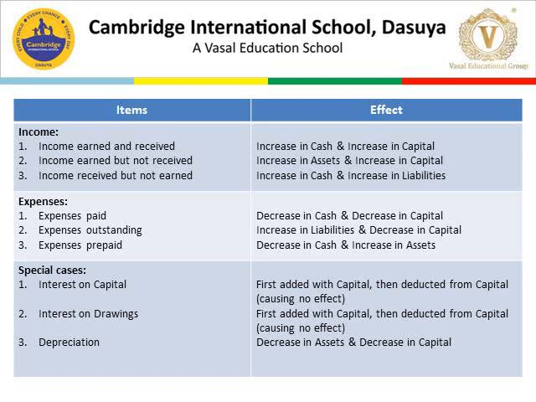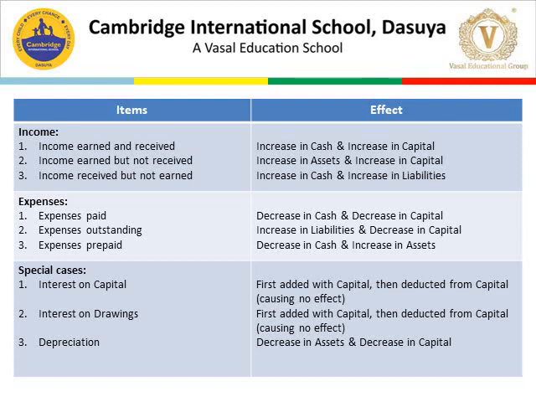Further, there are three special cases. Number one, interest on capital. Interest on capital will be first added to the capital, then deducted from the capital. So it will cause no effect on the accounting equation of the business. Number two, interest on drawings. Again, interest on drawings, first we will add it to the capital and then deduct it from the capital. It will also not cause any effect on the accounting equation of a business.